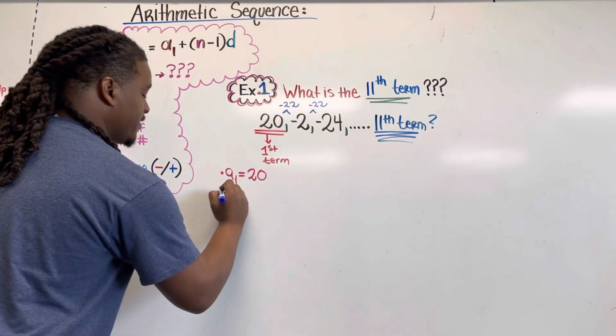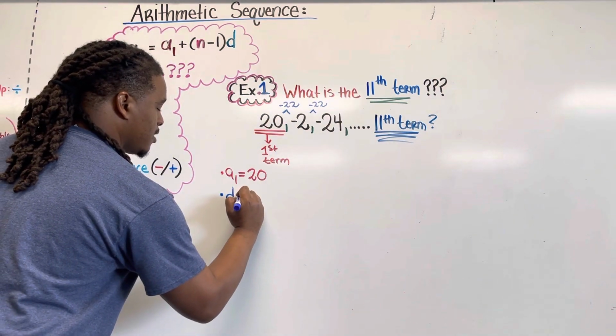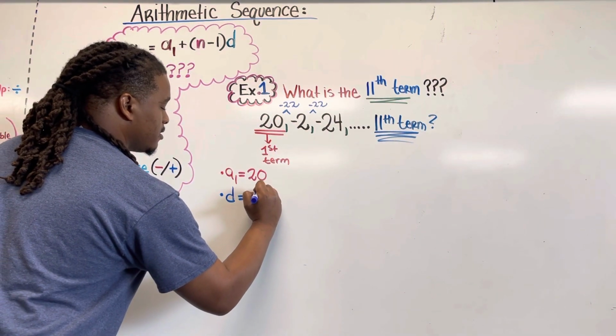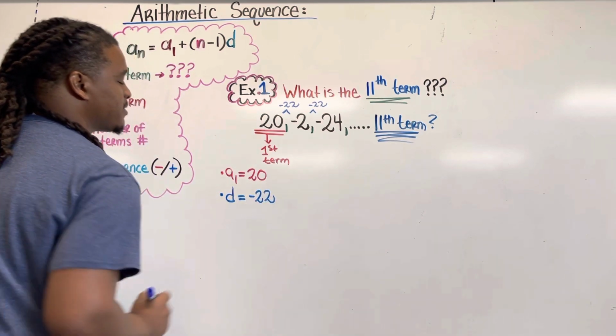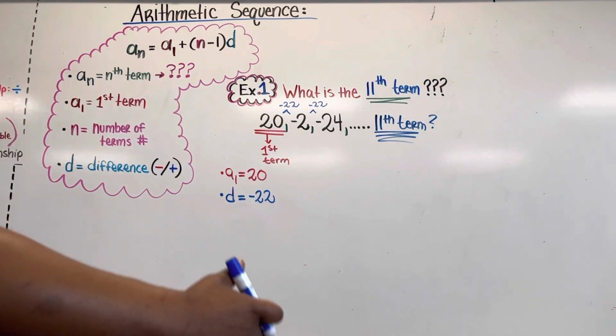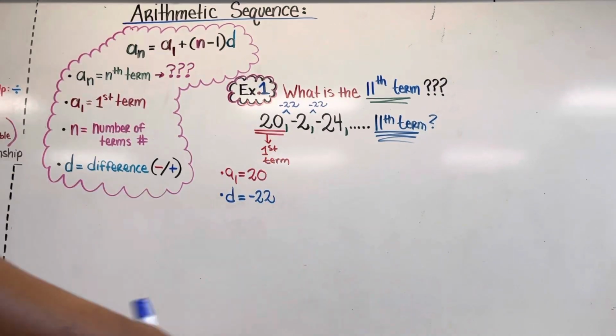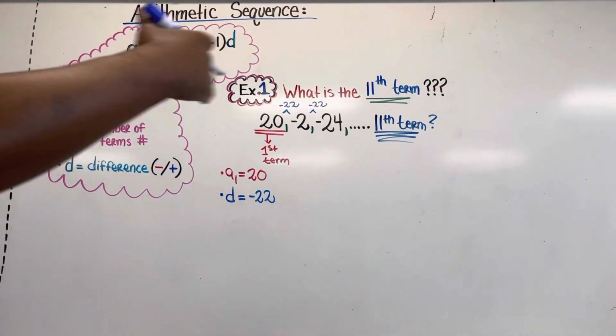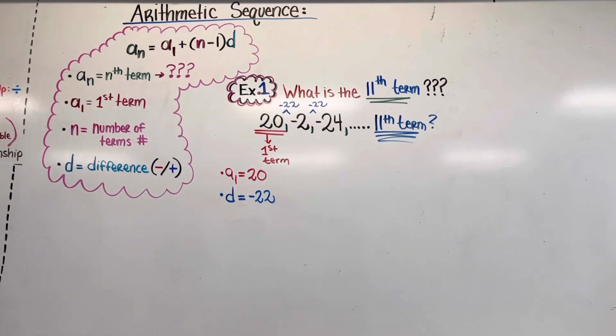So the common difference is -22. I'm subtracting 22 each time. That is my common difference within this pattern.